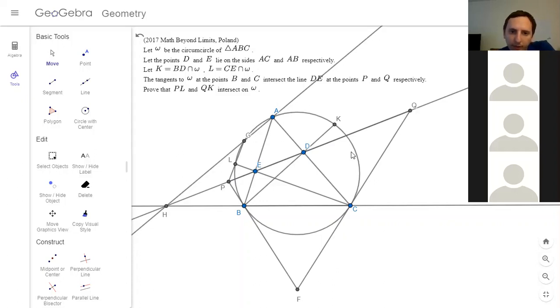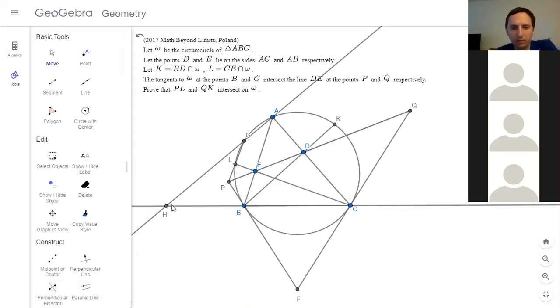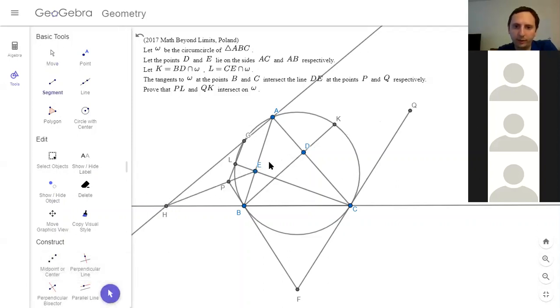Can you delete the line between E and D? Because we just know that HPE are collinear. So maybe hide that. We know H, P, and E are collinear, and H, D, and Q are collinear, but we need to show that all five are collinear.